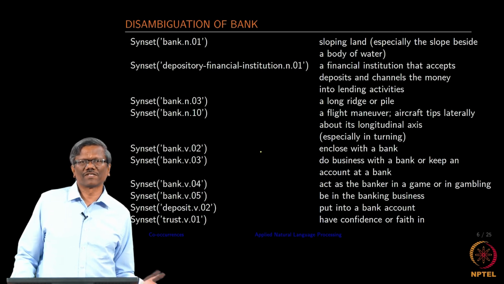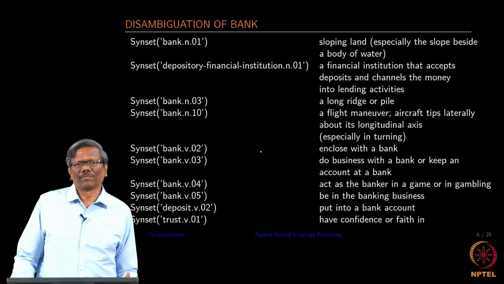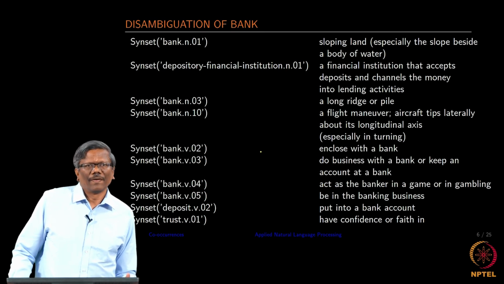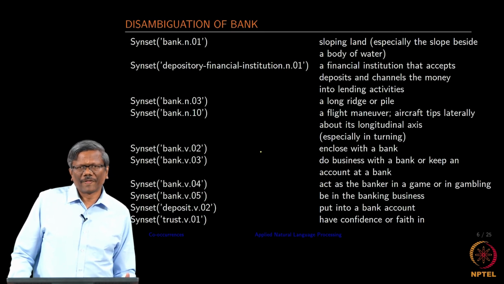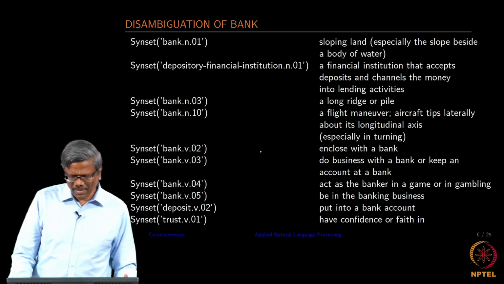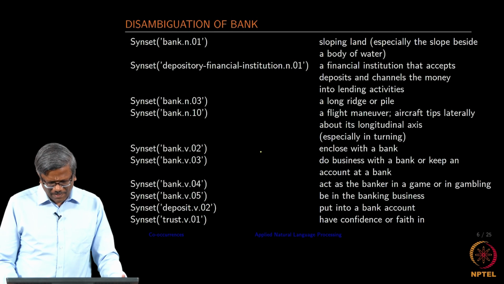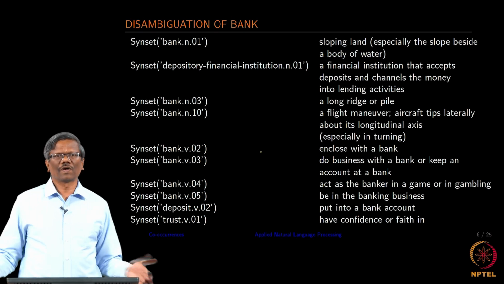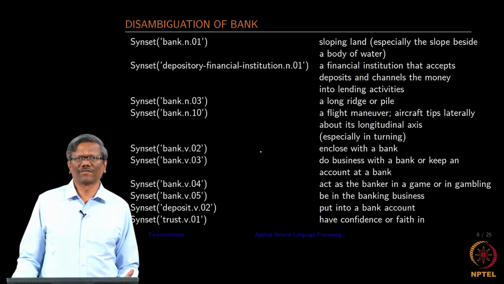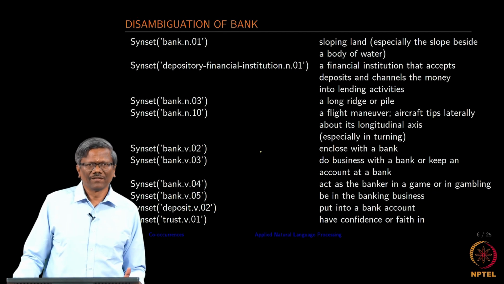A bank is a financial institution that accepts deposits and so on. And then if you go down, you look at the last one, it is you have some confidence or faith in something, right. So, you bank on something. So, that is another meaning.